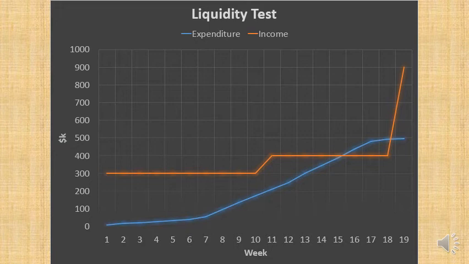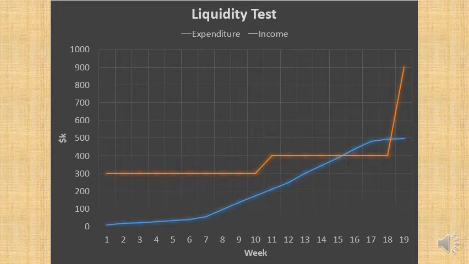That's what happens. And what happens next? They don't come into week 16, and basically the project goes bust because the blue line has gone over the orange line.